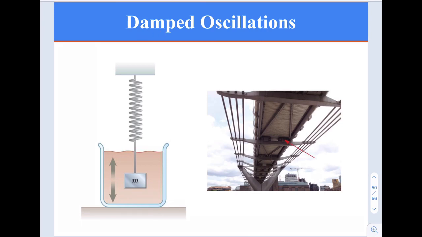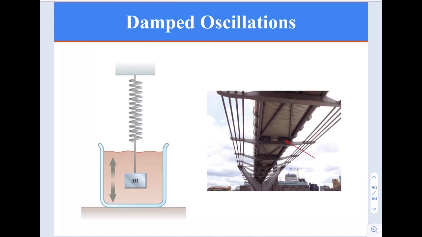Therefore, what actually happens is a damping process, and we call that kind of oscillation damped oscillation. For example, a mass spring system placed within a very viscous liquid: once you vibrate the system, it is going to slow down and finally stop.